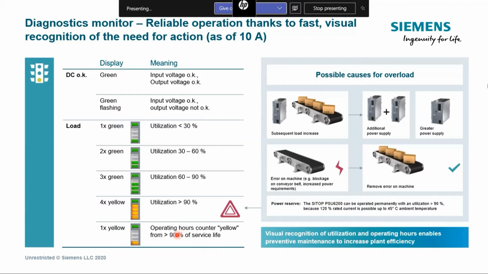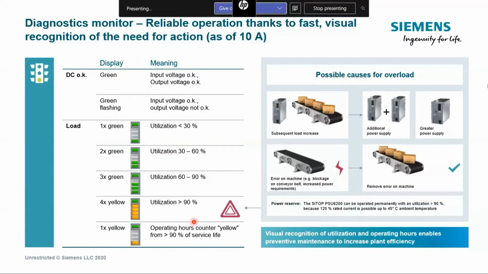These are continuously compared to each other, and if the value gets higher than 90%, then you have this indication. Maybe you get this yellow LED and the power supply works for a long period after that, but this is at least an indication to please take your measures. Maybe get a spare and keep it ready. So it's easier for that.